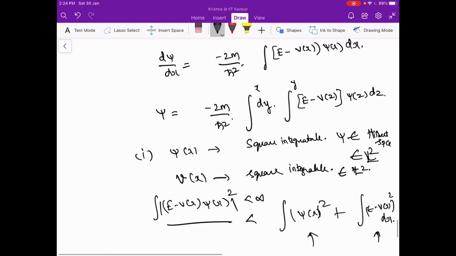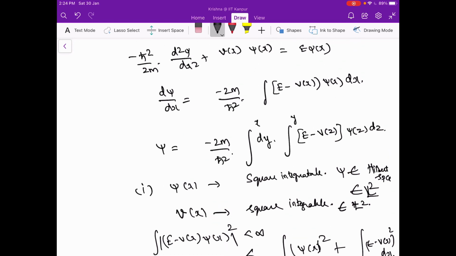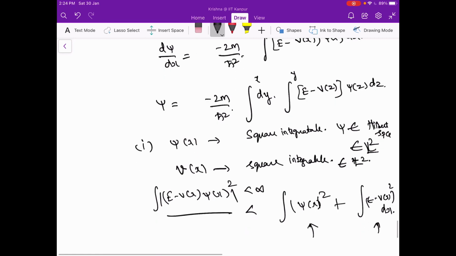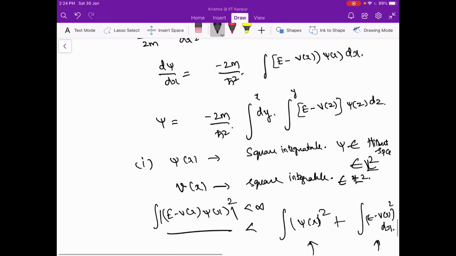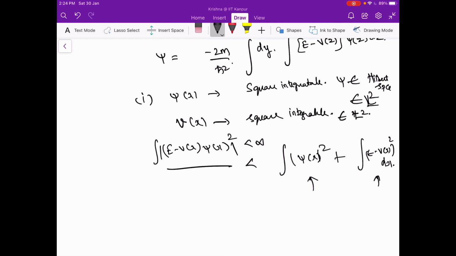If this is less than infinity, you can clearly see that d psi by dx, that is the derivative of the wave function, cannot go to infinity at any point, because the integral does not diverge at any point. Hence d psi by dx is always smaller than infinity, and hence d psi by dx always exists.